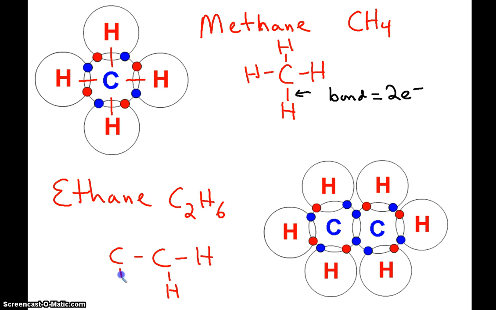Another way of showing it in a diagram would look like that. This gives you an idea of how we can take some very simple elements, carbon and hydrogen, and start to link them together into longer and longer chains.